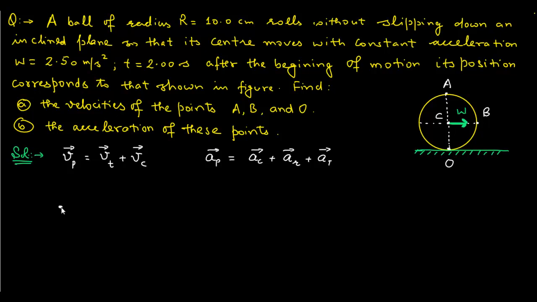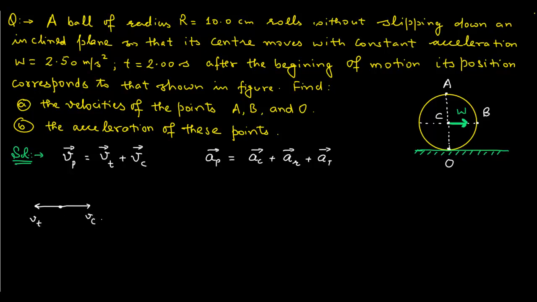Now this is point O. As the body is rolling, the tangential velocity is in this direction, and the center of mass is moving towards right. So if I superpose this velocity of center of mass, this is Vc.